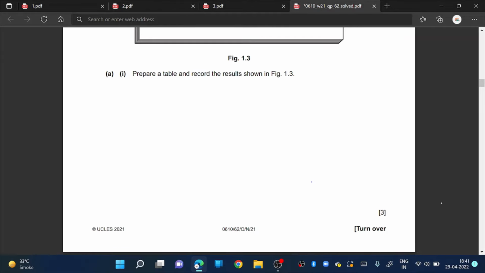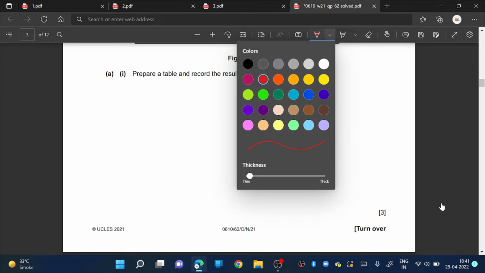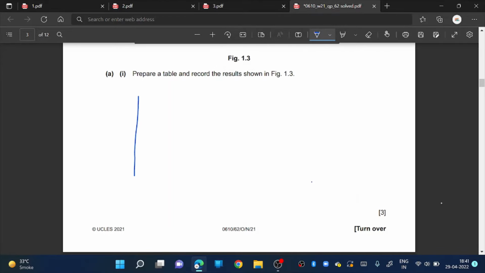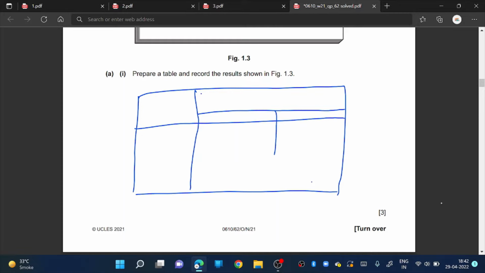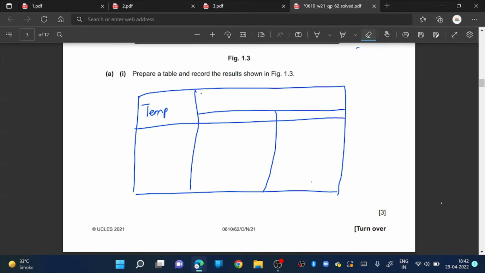When we are making a table, it is very important that we make a proper table with all the lines and the requirements. We start with the independent variable on the left side and the dependent variable on the right side. The independent variable here is time, which was 0, 5, 10, measured in minutes.